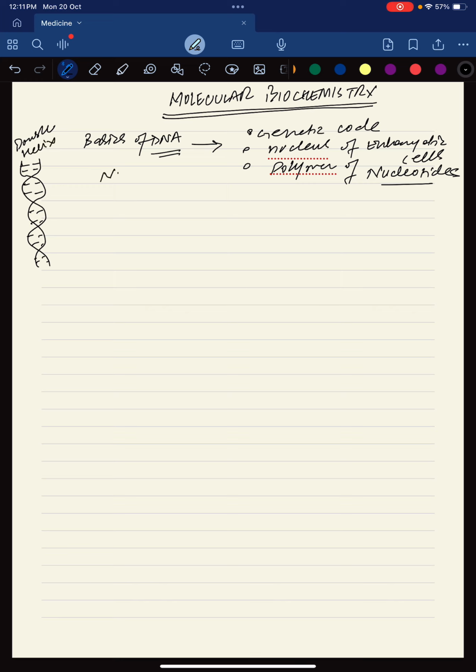So what is a nucleotide? This nucleotide basically consists of a sugar backbone with the nitrogenous base attached by a bond, and a phosphate group.